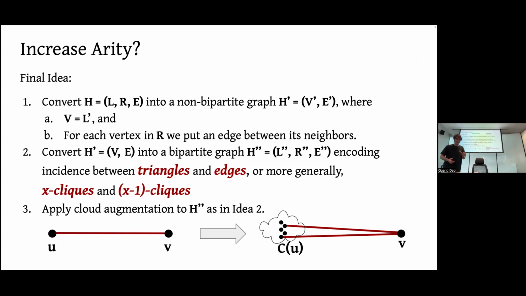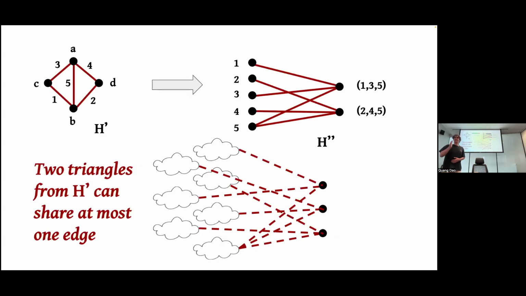Okay. The last step is that we're going to use the same idea as in idea 2. We're just going to take our final bipartite graph H double prime and do this sparse cloud augmentation. Okay, so the reason that triangles and edges are helpful is because of the observation that 2 triangles in H prime can share at most 1 edge. If they share 2 edges, then they become coincident and they're not distinct.